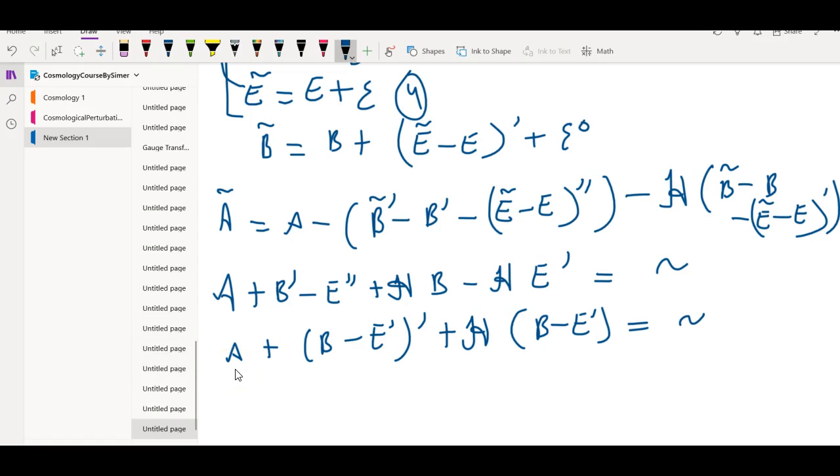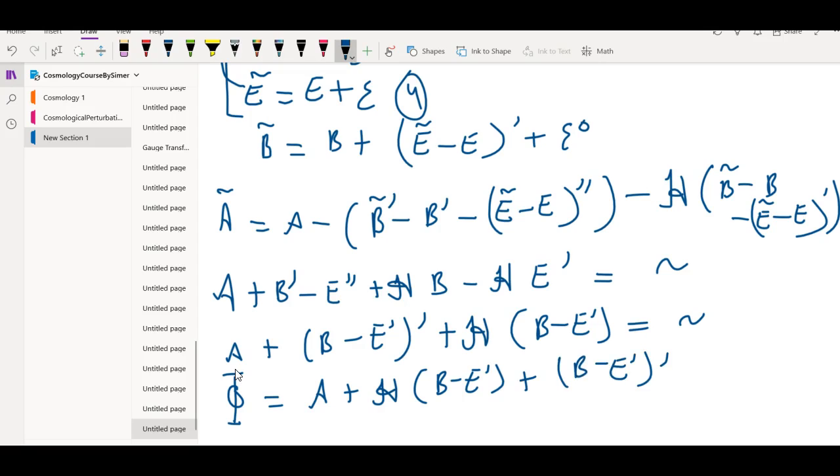So this quantity is called phi, big phi. It is A plus H B minus E prime plus B minus E prime, and this is also gauge invariant.